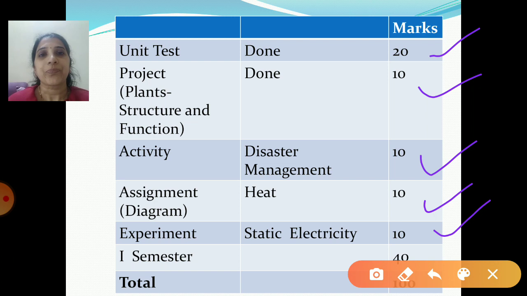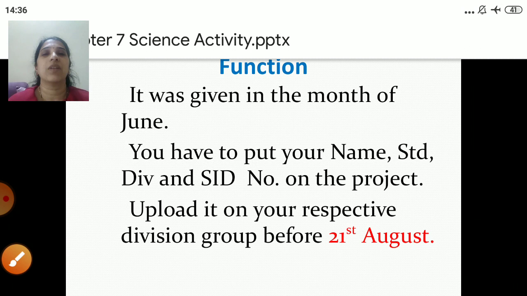The experiment will be explained to you on video, and based on that some questions will be asked. That will also be in the month of September. Your first semester will carry 40 marks. So the total of formative and summative will be 100 marks. I hope you have understood the distribution of the marks.